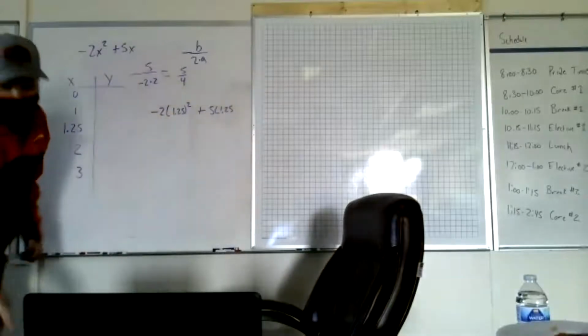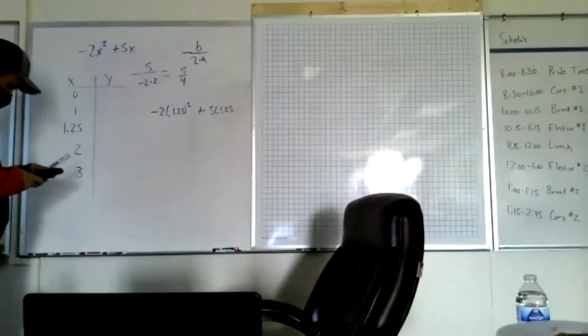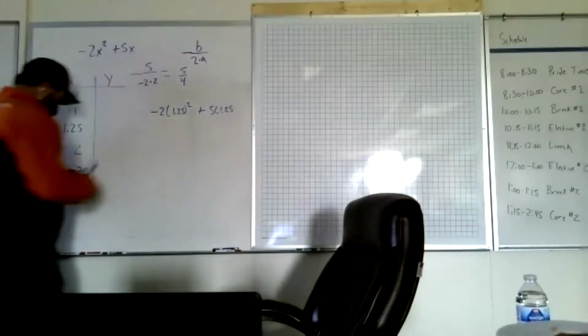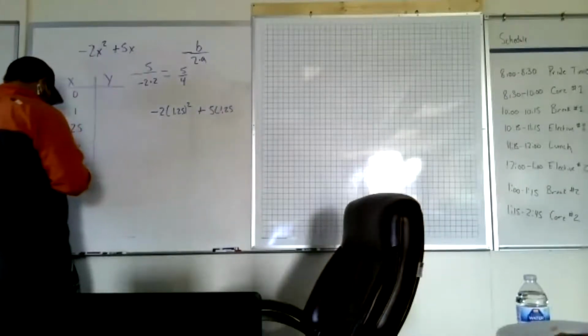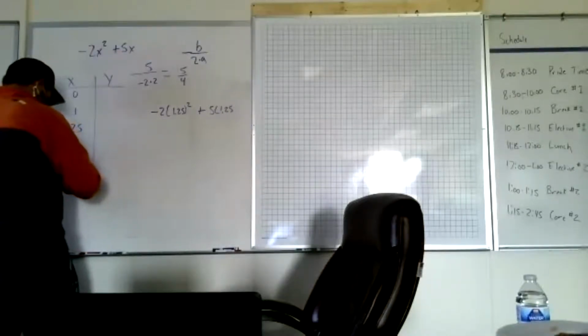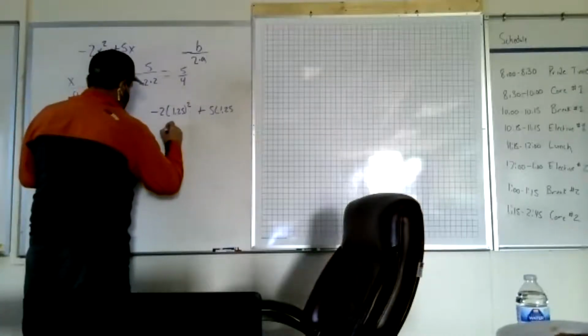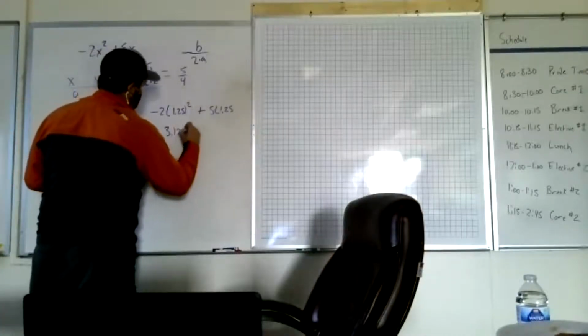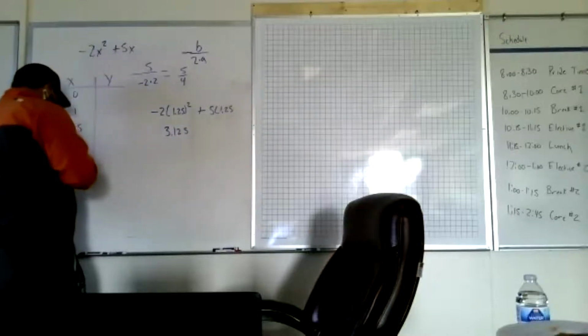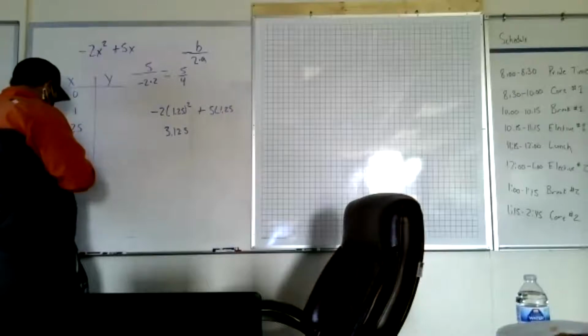This one, got to use a calculator. 1.25 squared is 1.6 and times 2. That gets me to 3.125. And 5 times 1.25.